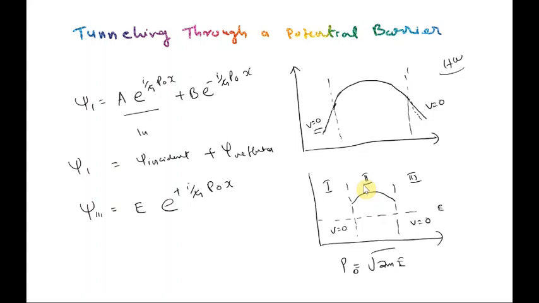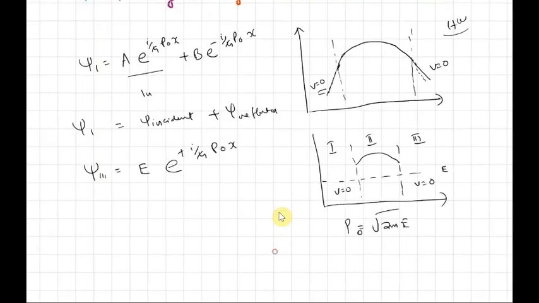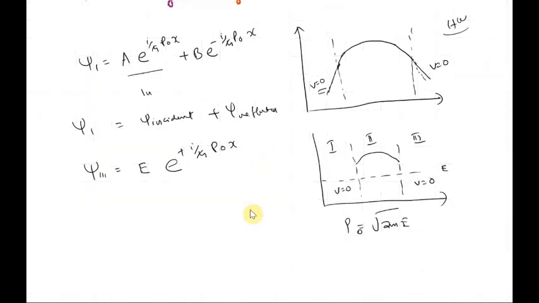Now how do we quantify this tunneling? Tunneling can be quantified in terms of a coefficient, nothing but our transmission coefficient, something that you know the definition of from the electrodynamics course.